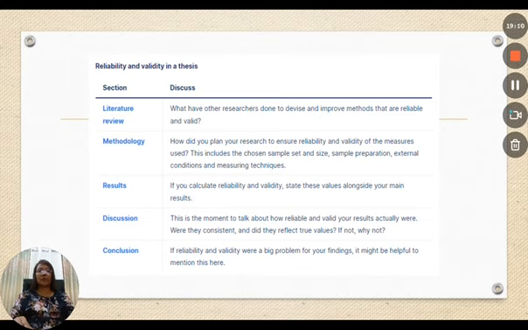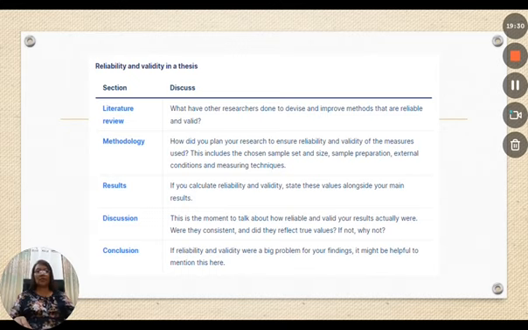This includes the chosen sample set and size, sample preparation, external conditions, and measuring techniques. In the results, if you calculate reliability and validity, state these values alongside your main results.